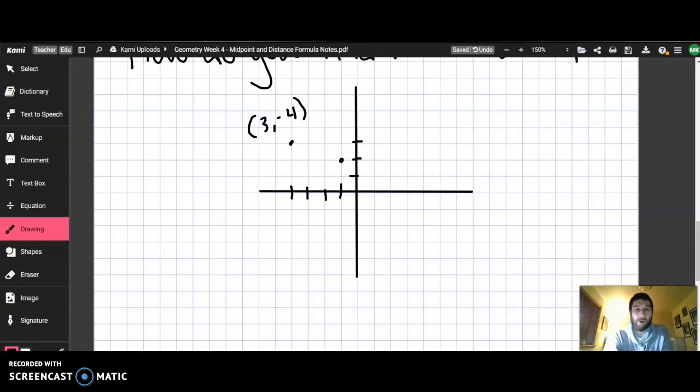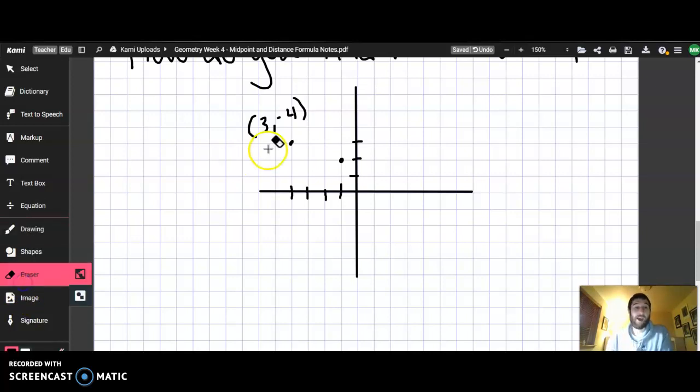And so that point, our midpoint, is going to be -1, up 2. Now, can you guys spot the mistake I made already? I hope so. It's that I flipped my x and my y. When I talked about how important it is that it's x comma y, it's absolutely essential.